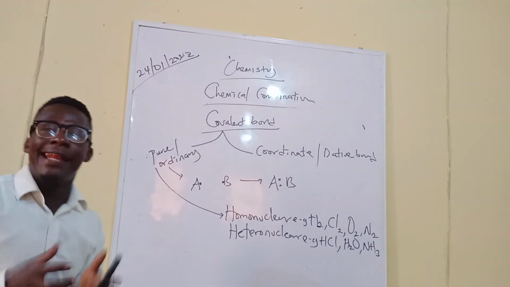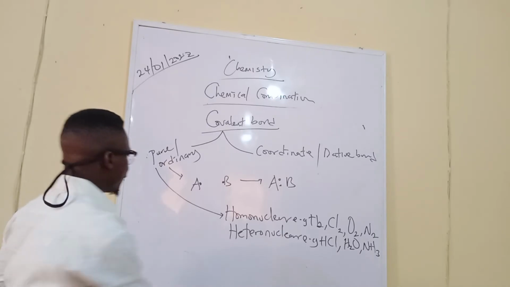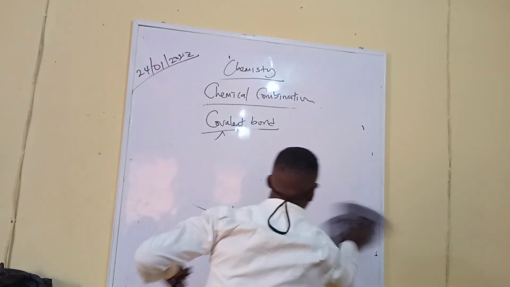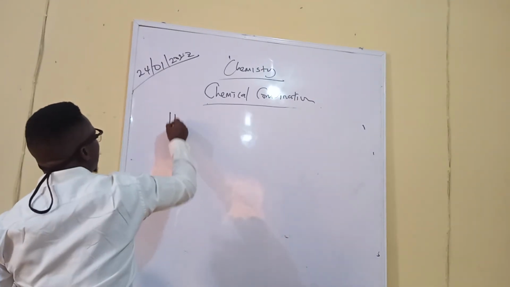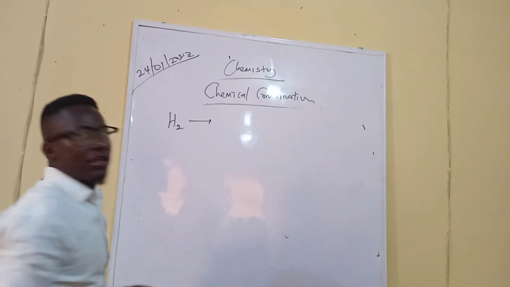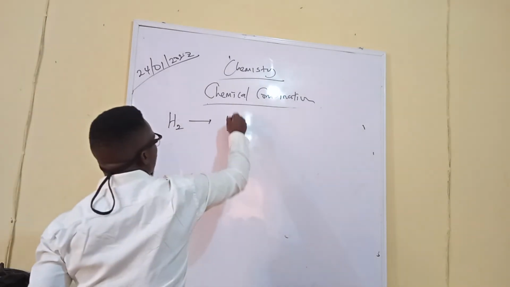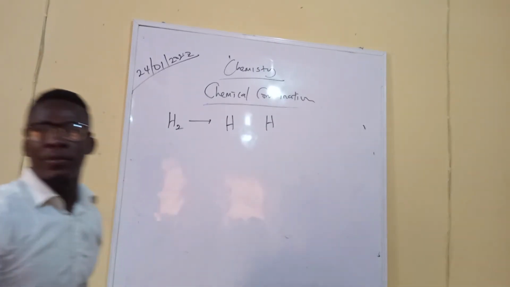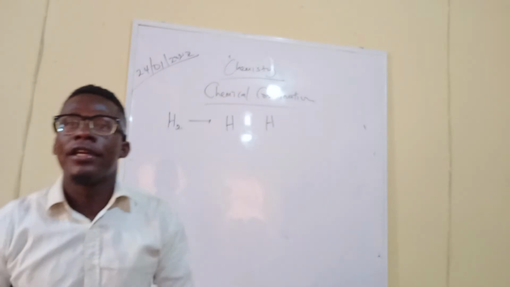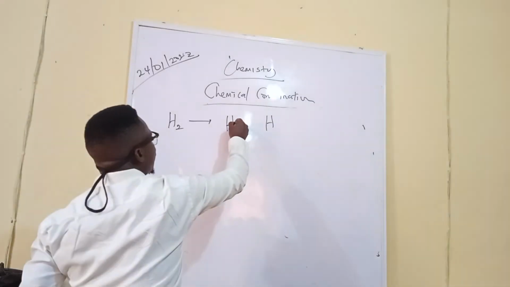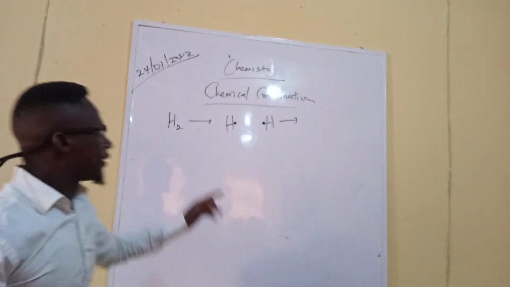So by means of Lewis dot diagram, we are going to be showing how these bonds are formed. Now, let's look at how hydrogen is formed. A hydrogen molecule has two atoms, a hydrogen atom and another hydrogen atom. Recall that hydrogen has one valence electron in its shell, and this one also has one.